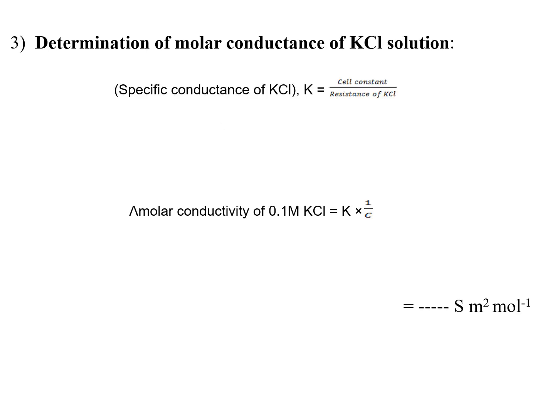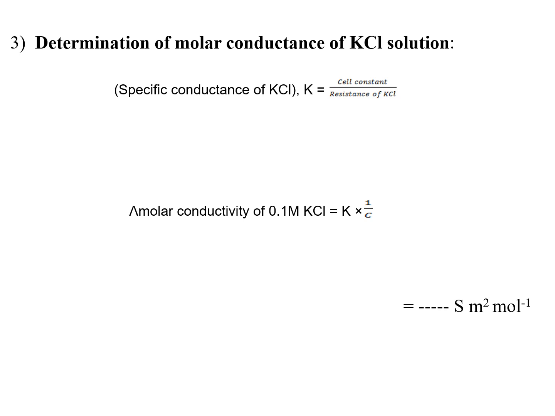So once cell constant is determined, we can easily determine specific conductance of KCl solution, that is the unknown solution taken in the conductivity cell, using an expression K is equal to cell constant by resistance of potassium chloride. So here cell constant is already known. Resistance of KCl is found using Wheatstone's bridge.